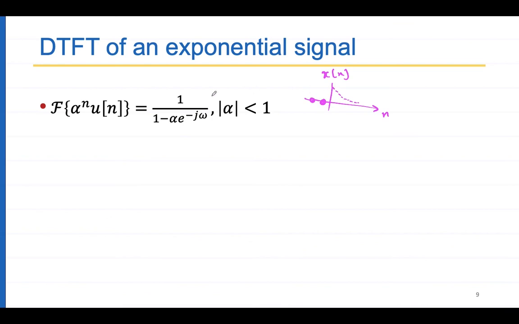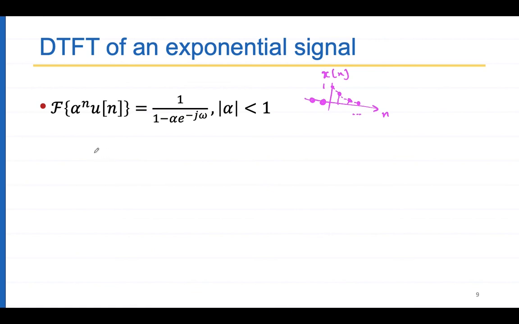For n equal to 0, this becomes alpha to the power 0, so it is 1. And then it becomes alpha square, alpha cube, and it goes on like this. This is when alpha is less than 1. If alpha is greater than 1, then it will be an increasing sequence.